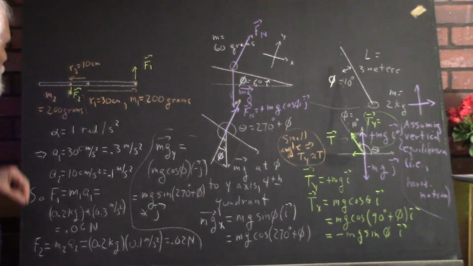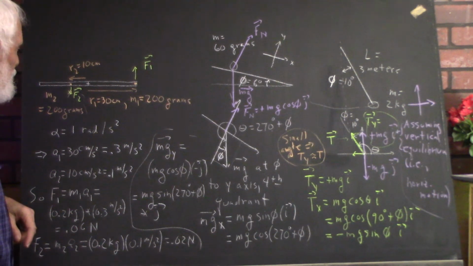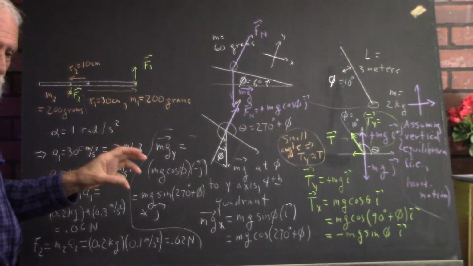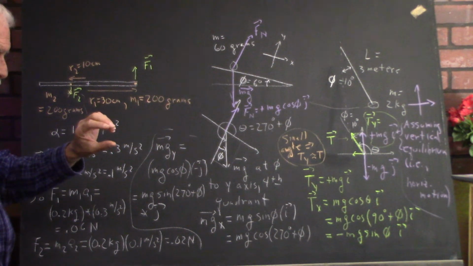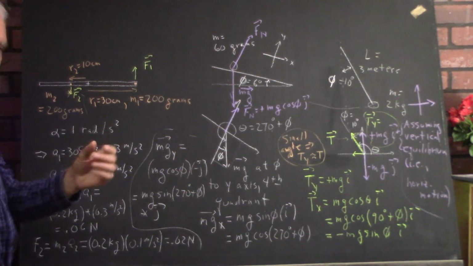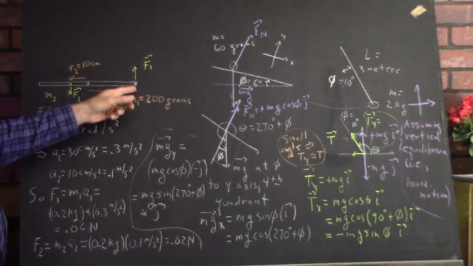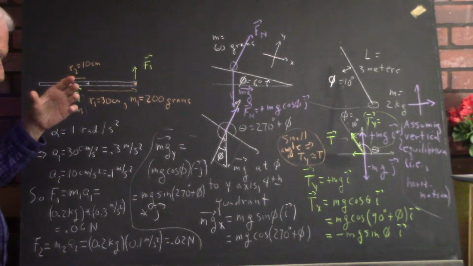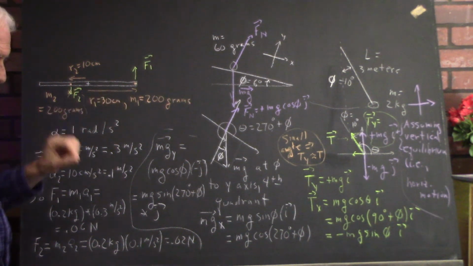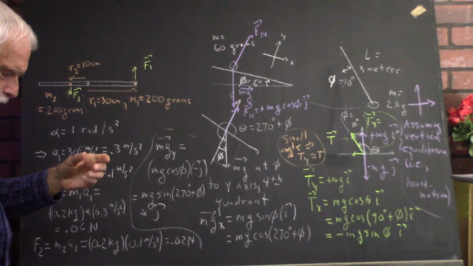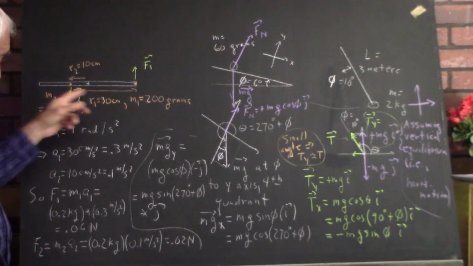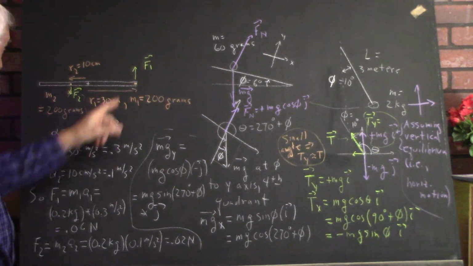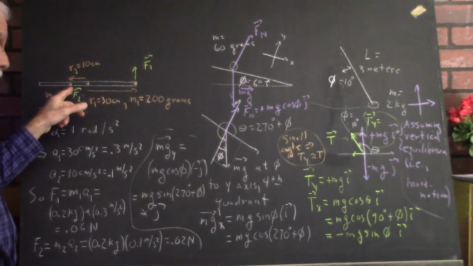Okay, well, that complicates things when you're trying to do Newton's second law for rotating objects. Every particle has a different distance from the axis and requires a different force, and that has all kinds of implications that we'll examine when we get there. Just getting used to this one example here.